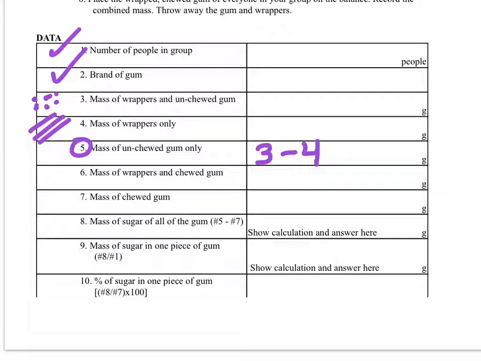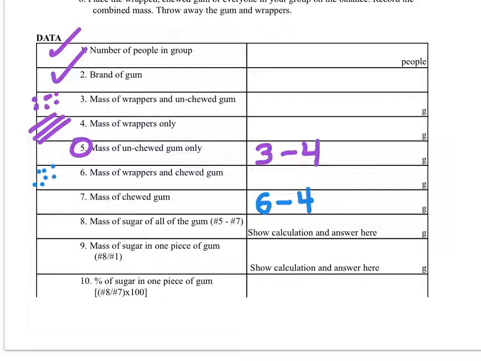And then you're going to spit your chewed gum into the wrapper, and you're going to weigh everybody's gum in the wrappers, and you'll get a total there. And then you will subtract the weight of the wrappers just to get the mass of the chewed gum. So you will have to do number 6 minus the mass of the wrappers only.